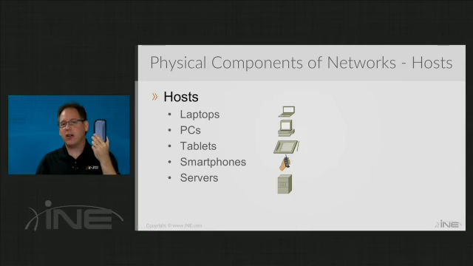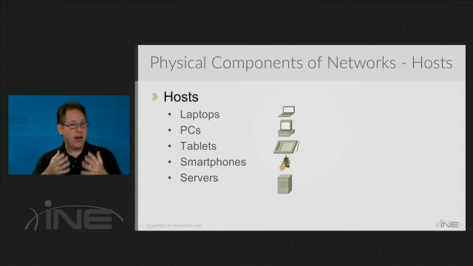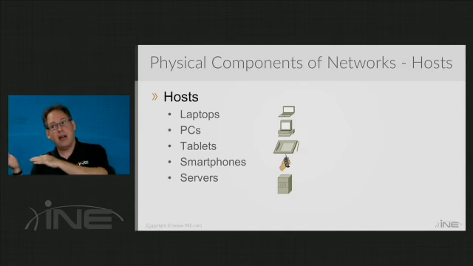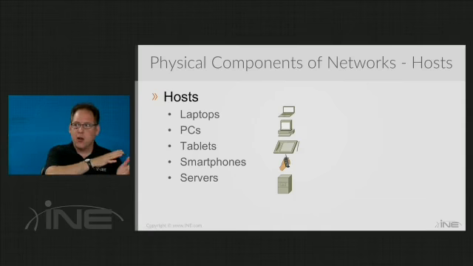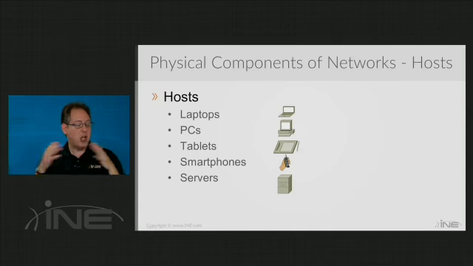Well, that's because the network interface card in here is not designed to connect to a wired network. It's designed to connect to a wireless network using Wi-Fi. So when you're using Wi-Fi on your tablet or your smartphone or whatever, you're using a built-in Wi-Fi NIC card in that device. If a device does not have some sort of network interface card that understands Wi-Fi, that understands Ethernet, or a variety of other flavors, you have no way of connecting to the network. You are isolated by yourself.